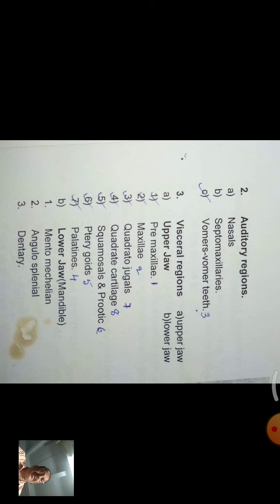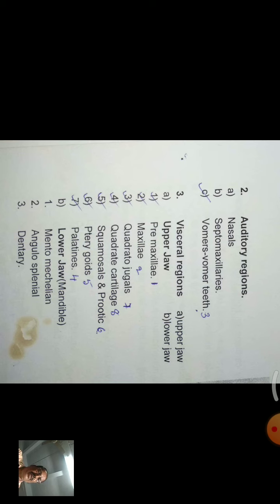The upper jaw consists of bones like premaxillae, maxillae, quadratojugals, quadrate cartilage, squamosals, prootic, pterygoids, and palatines.